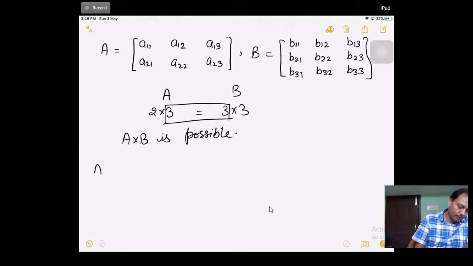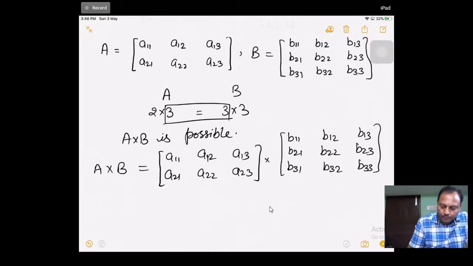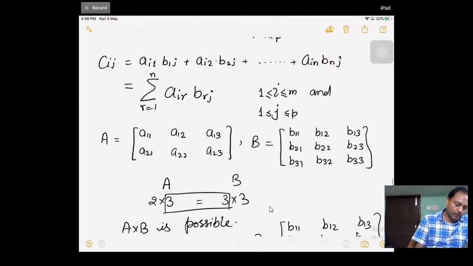Now to find A into B, we write A times B with the elements shown. As per the definition, we multiply the elements of the row of the first matrix with the corresponding elements of the column of the second.